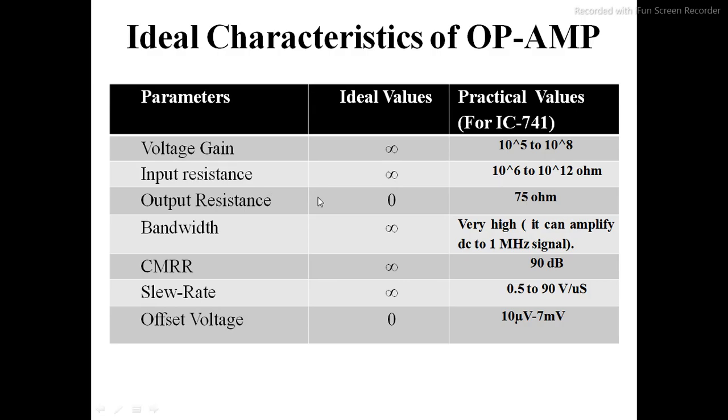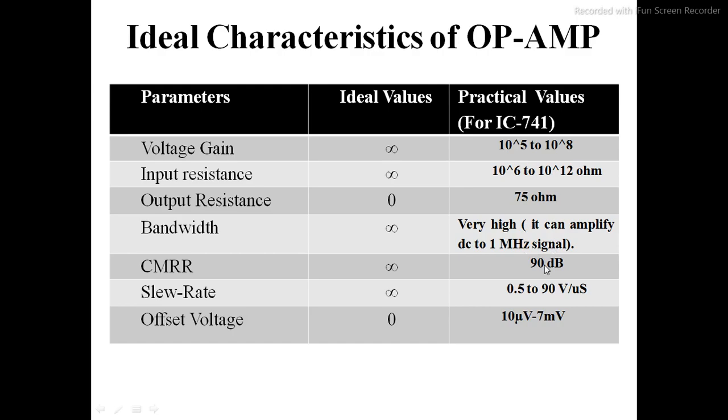The output resistance of an ideal op-amp is 0, and practically it has a value of approximately 75 ohm. The bandwidth is also infinite for ideal, whereas practically it has a very high value. The common mode rejection ratio is ideally infinite, whereas practically it is approximately 90 dB.